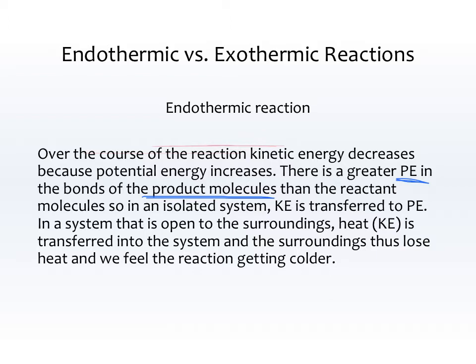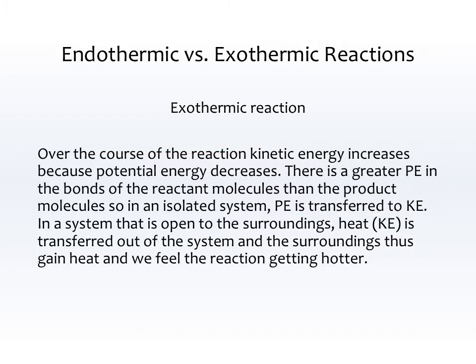So in an isolated system, kinetic energy is transferred to potential energy. In a system that's open to surroundings, kinetic energy is transferred into the system, and the surroundings thus lose heat, so we're going to feel the reaction getting colder. All of this describes endothermic. There's a greater potential energy in the bonds of the products, so it has to take in heat and energy to store in those bonds, in the bonds of products, and it's taking in the kinetic energy to do that.